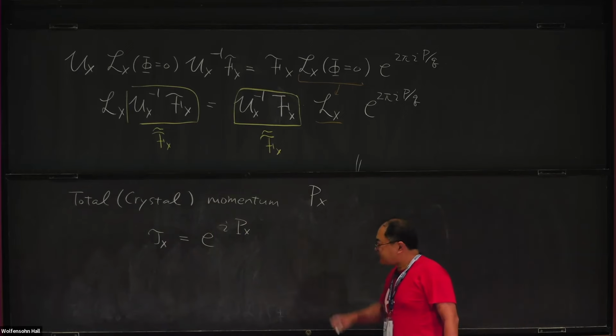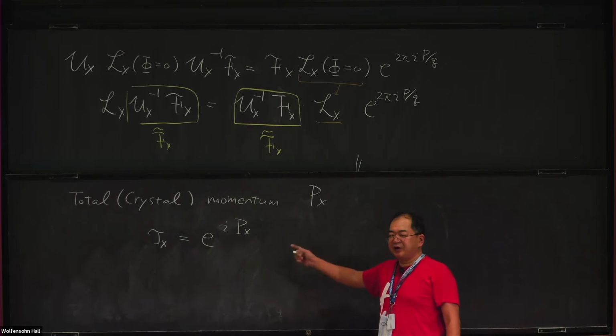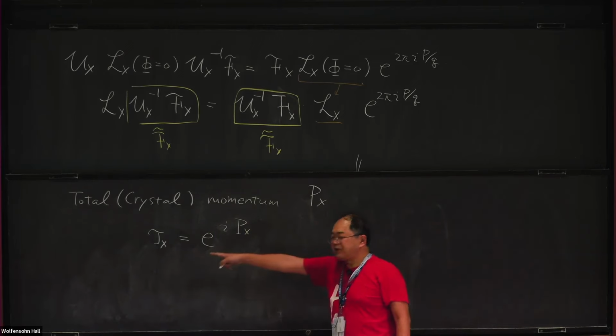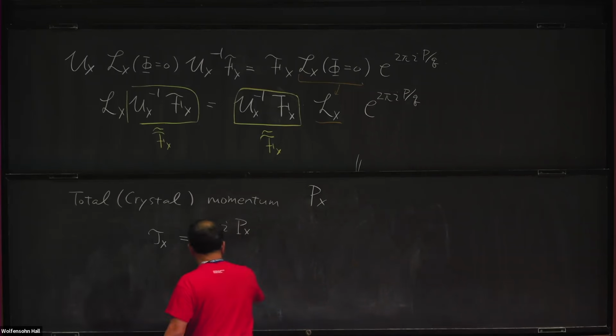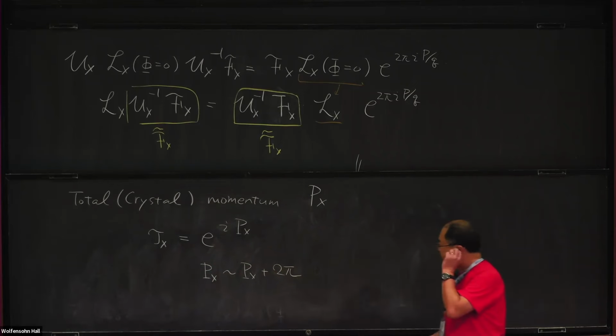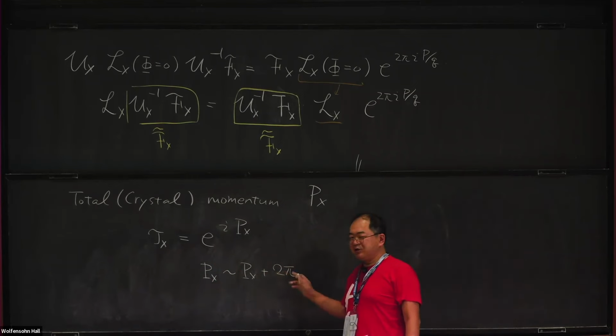And from this expression, it's evident that this Px is only defined modulo 2 pi, because if you change Px by 2 pi, it doesn't change Tx. And this is consistent with what we know about crystal momentum. So in crystal periodic potential or inside the lattice, momentum is only meaningful modulo 2 pi.